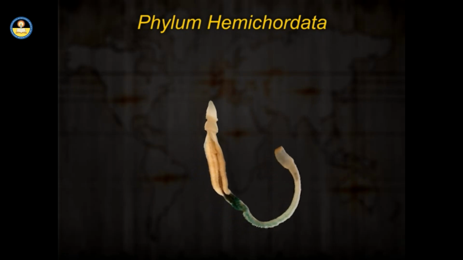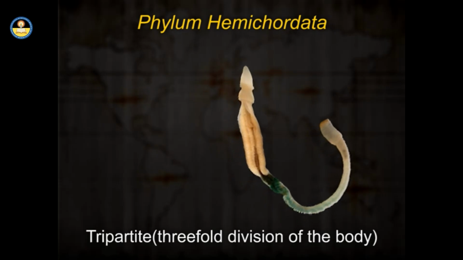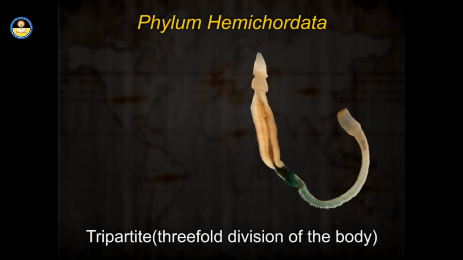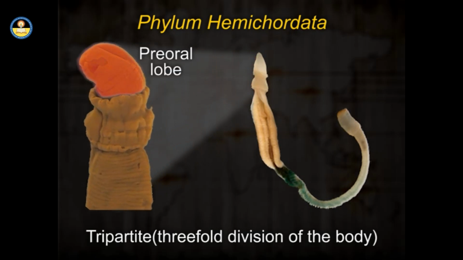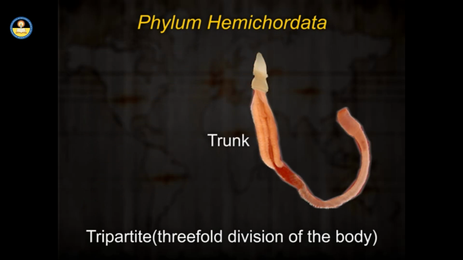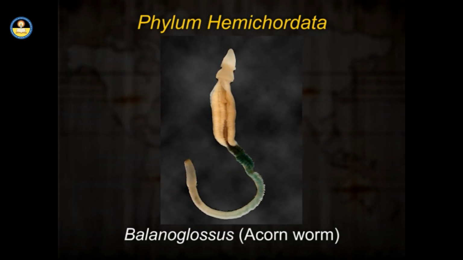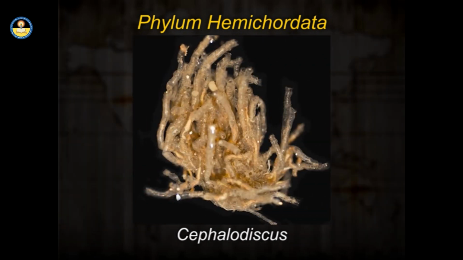Hemichordates are distinguished by a tripartite, meaning a threefold, division of the body. At the forward end of the body is a preoral lobe. Behind this is a collar, and last comes a trunk. Some examples are Balanoglossus, that is acorn worm or tongue worm, and Cephalodiscus.